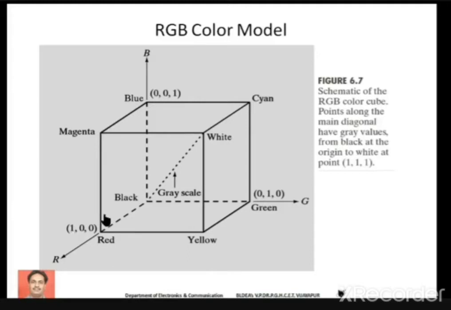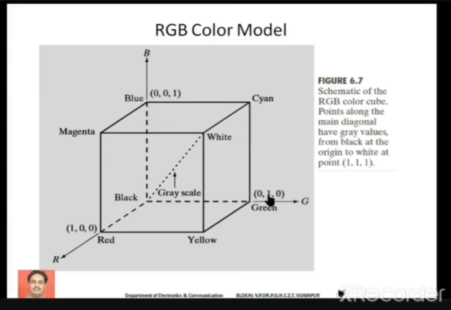We assume that all the color values are normalized between 0 and 1. 1, 0, 0 indicates the presence of red color, and also that green and blue are absent. And for green, we have written 0, 1, 0.